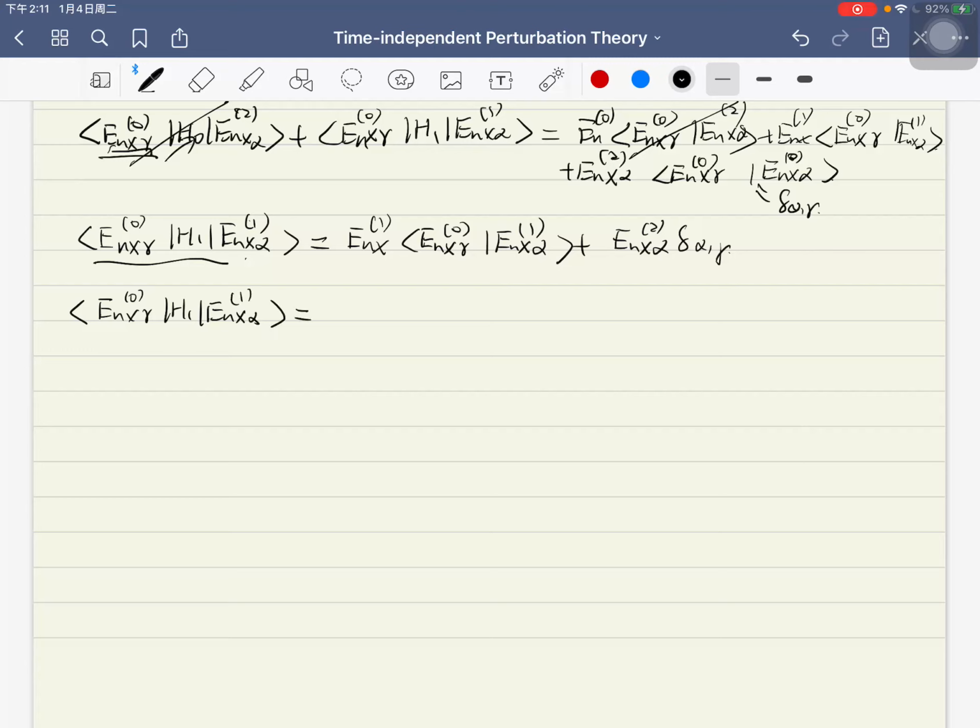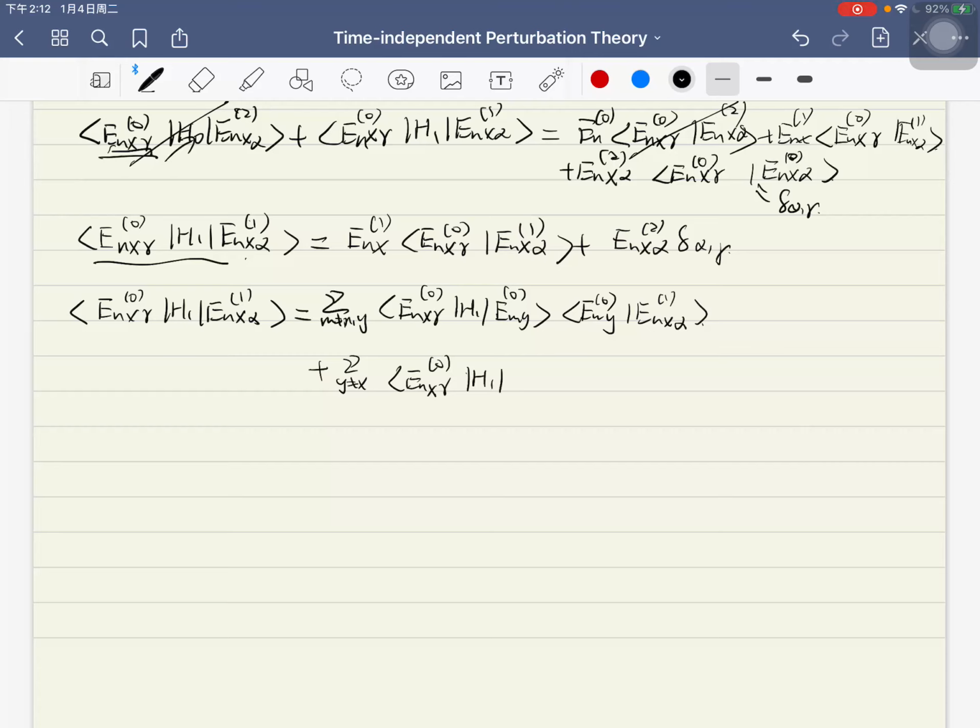This equals gamma 0, m y 0, x gamma 0 H1 n y 0 x alpha 1.